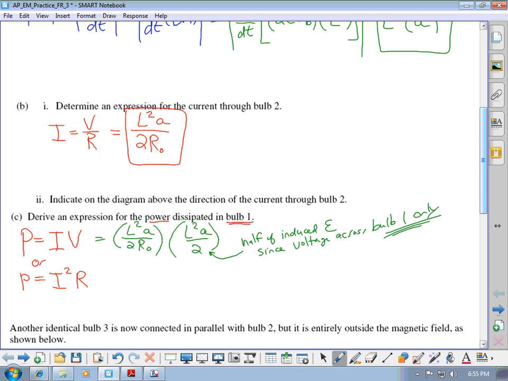So since it's the voltage across bulb 1 only, we have half the voltage across bulb 1 and half of the voltage across bulb 2.